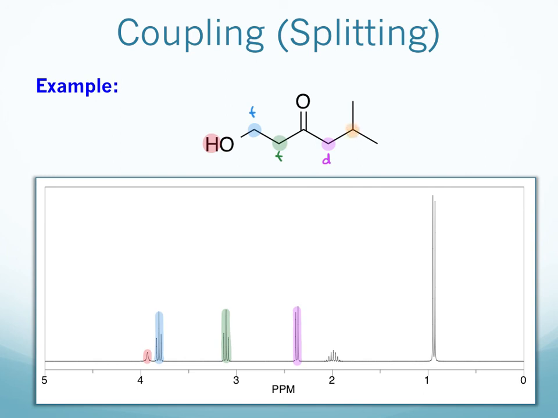Next, if we look at the CH, this is coupled to 2 hydrogen here, 3 here, 3 here. So it's actually going to be 8 plus 1 is 9. We're just going to call that a multiplet. Well, we can find our multiplet that corresponds to that hydrogen right here.